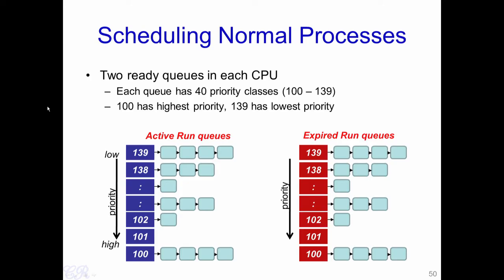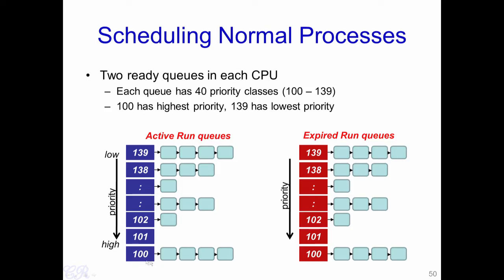Now, we will talk about scheduling in normal processes, that is the non-real time processes. Essentially, the scheduling algorithm which is used is very similar to the multi-level feedback queue with a slight variation. In this particular scheduler, there are 40 priority classes which are labeled from 100 to 139. As we have discussed before, the lowest priority corresponds to the class 139, while the highest priority for the normal task is at 100.